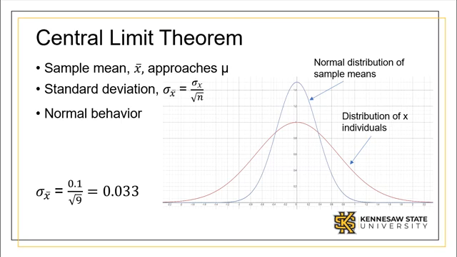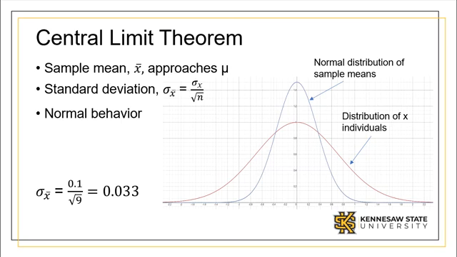As an example, suppose we are looking at the distribution of heights. X bar is 30 and standard deviation is 0.1. An estimate for the standard deviation of the sample means with a sample size of 9 would be 0.1 divided by the square root of 9, or 0.033.